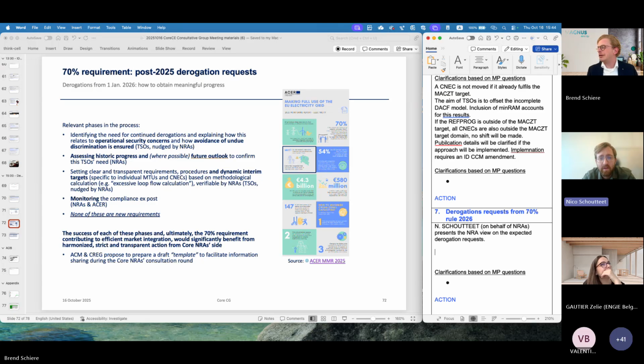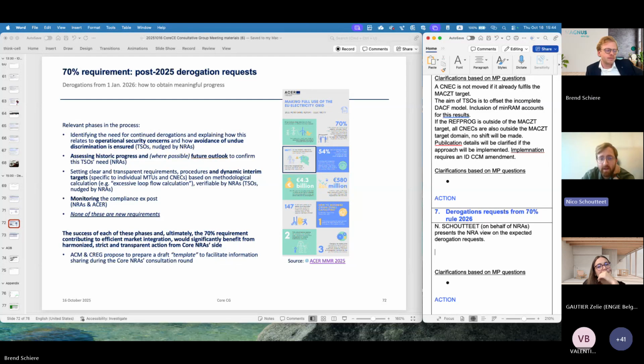If we can still expect that from next year onwards, if we continue with derogation, that there will still be increases in cross-zonal capacities, trying to avoid that we just end up approving for an indefinite amount of time the status quo. So we have to look at historic progress, and we have to see if the solutions that we implemented in the past are still fit for the future.